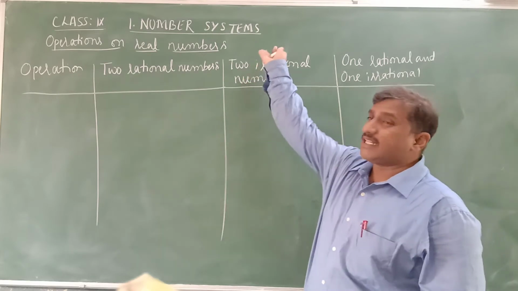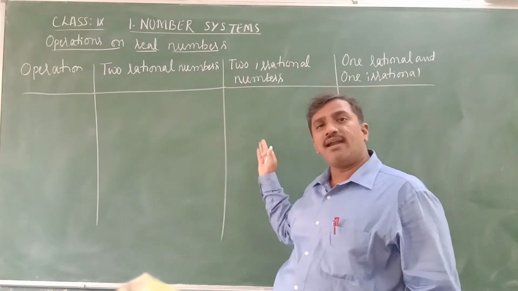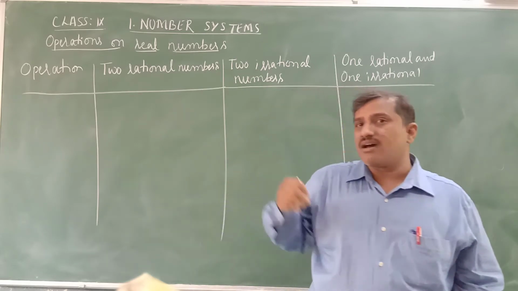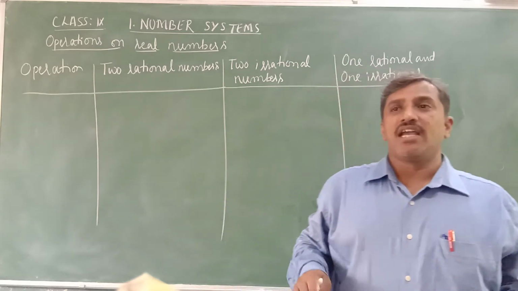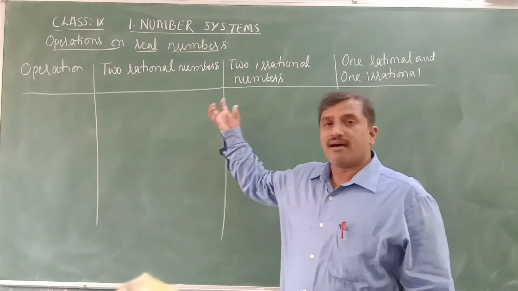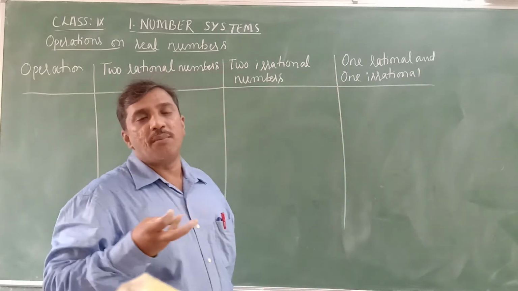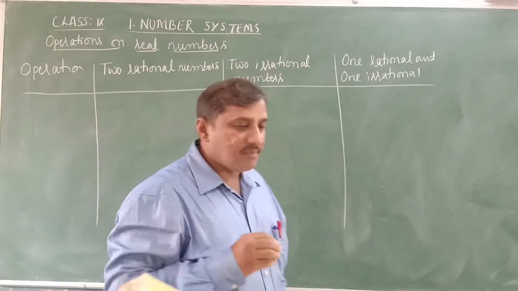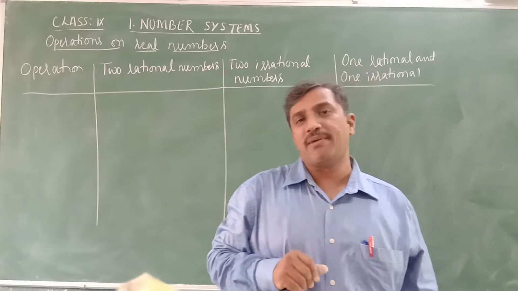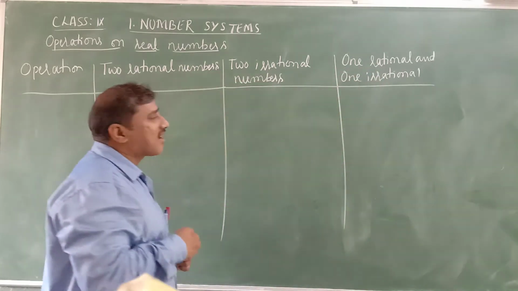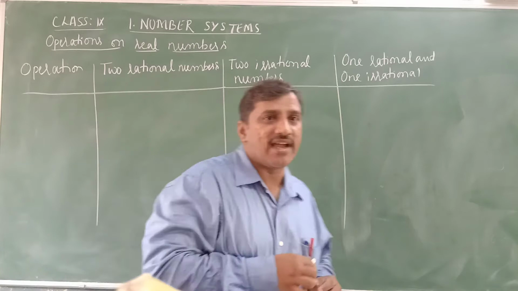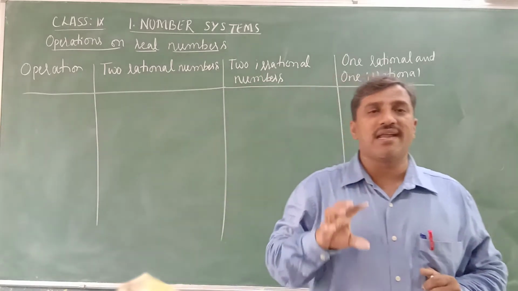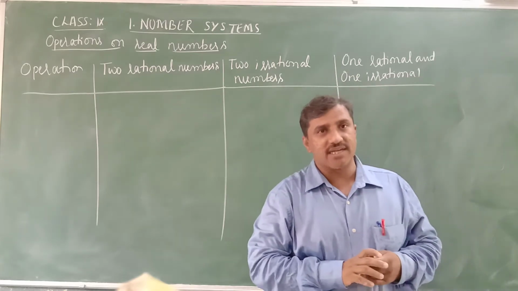So real numbers again include rational numbers and irrational numbers. We have studied the operations on rational numbers in the previous sections, with different properties. That is, rational numbers satisfy the commutative property, associative property, and distributive property under addition and multiplication.